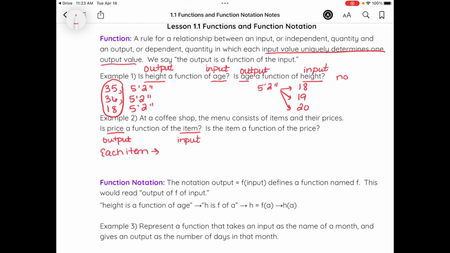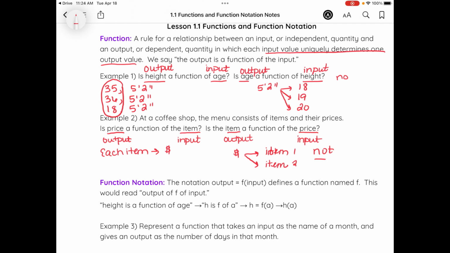However, is item, our new output, a function of price, the input? If I'm given a price value, I could be given more than one item that could be associated with that price. So thus, this is not a function.